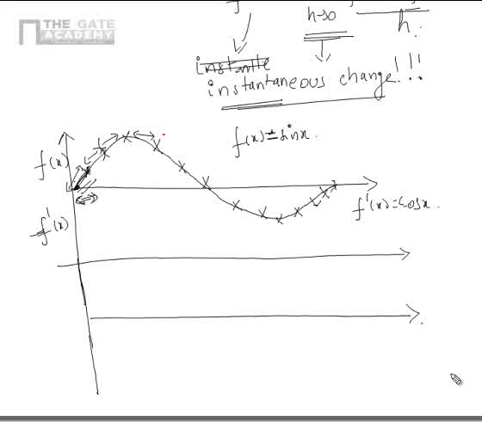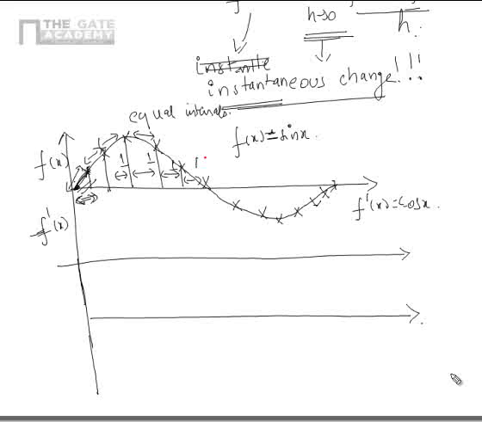Let me say that all these are equal intervals. That is, if this is 1, this is also 1, this is also 1, like that. All are equal intervals.